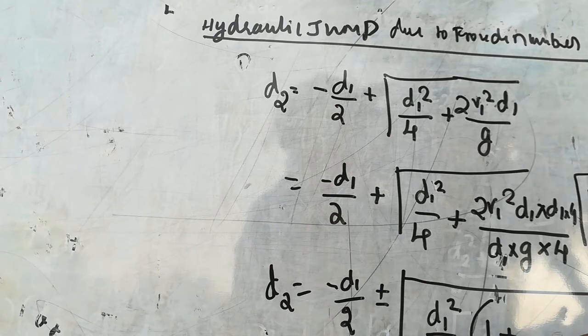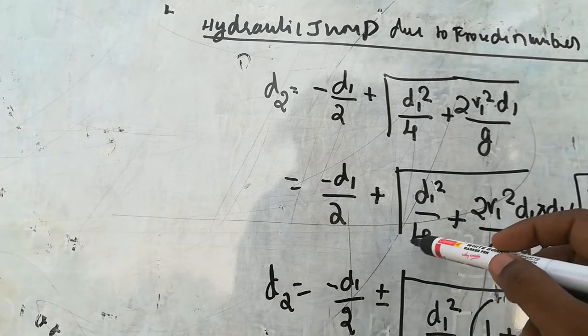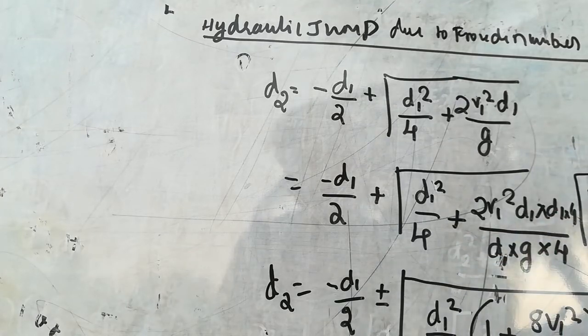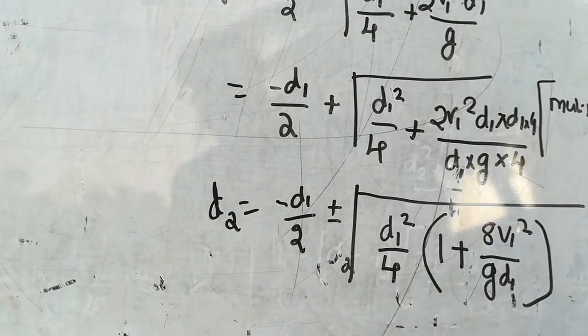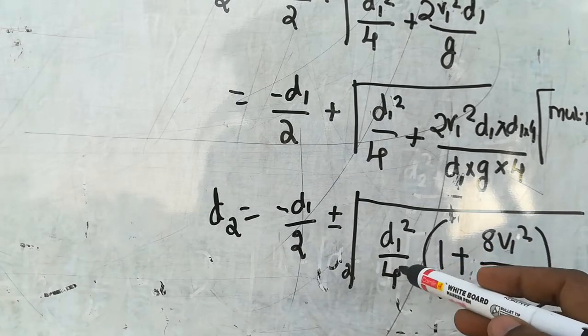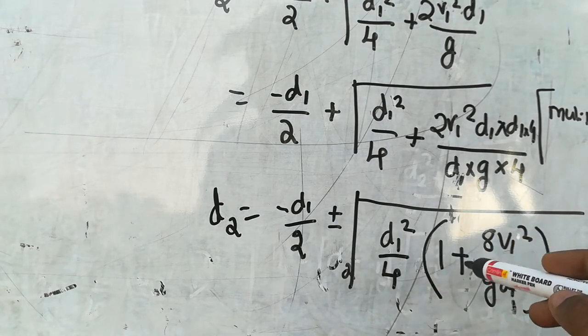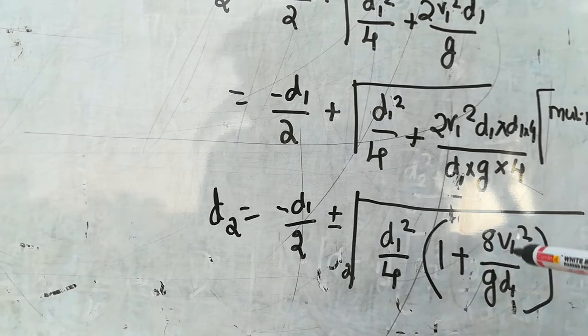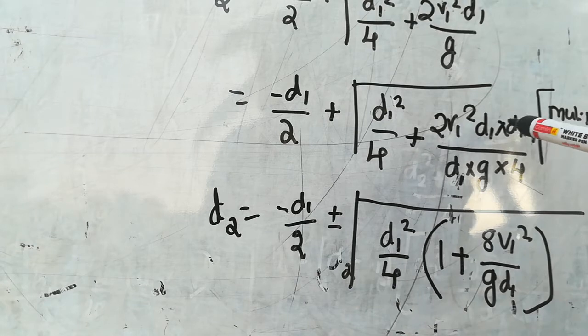Then remaining is 1 plus 8 v1 square divided by g d1. If you bring d1 square by 4 outside, then the remaining inside the bracket is 1 plus 8 v1 square by g d1.